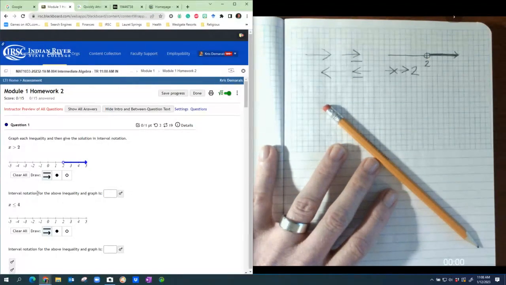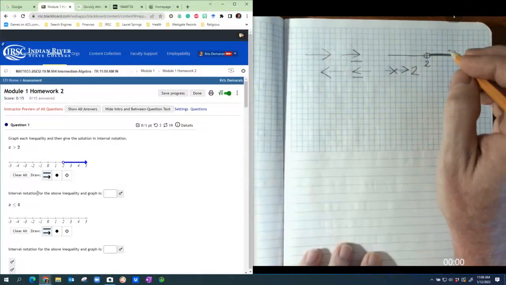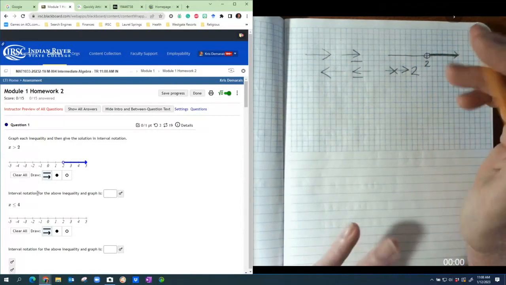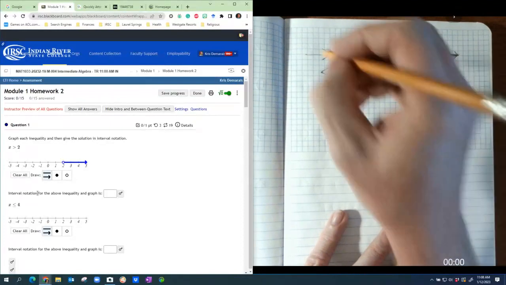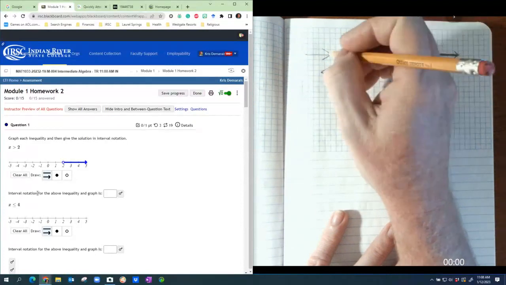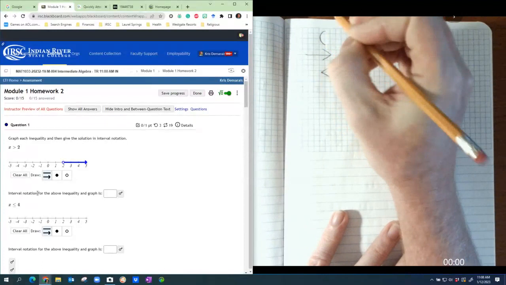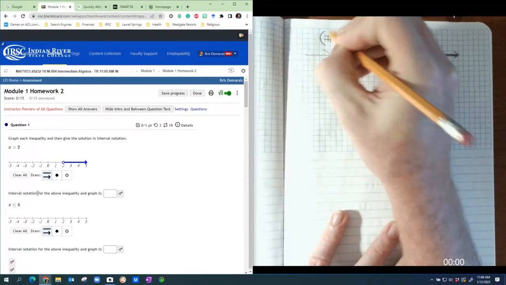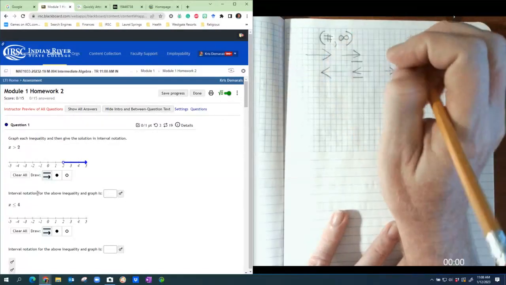All right, now it says interval notation. What is interval notation? Interval notation is a way of describing this graph through parentheses or brackets. The way that this works, if this is a parenthesis and it's pointing to the right, it's going to be an open parenthesis at the value of the variable, or the number, comma, and then infinity, also parenthesis.